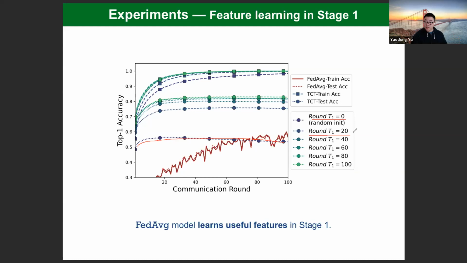As we further increase the number of rounds for phase 1, we can see it is stabilizing at the end. So to summarize, you don't need many iterations or communication rounds to get good representation performance. You just need several, fewer than 100 rounds of communication, to get good representations.